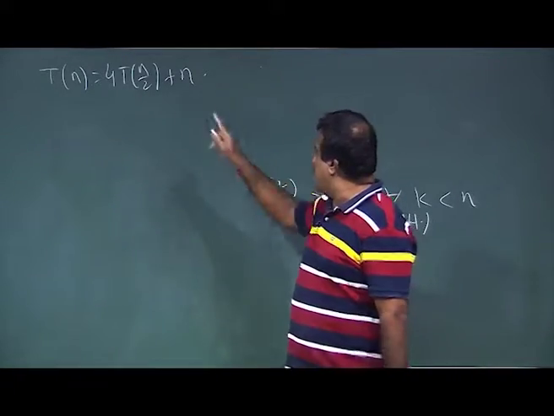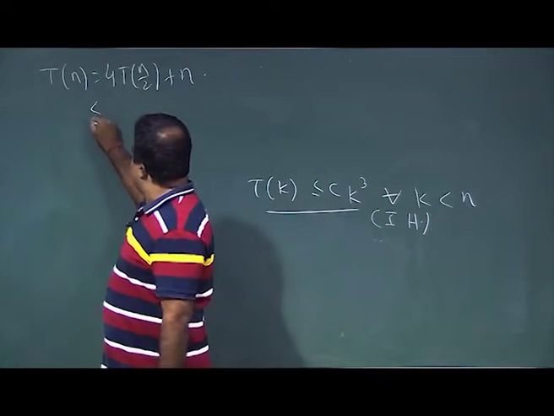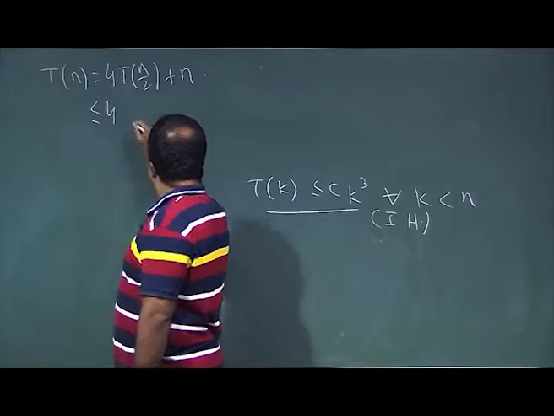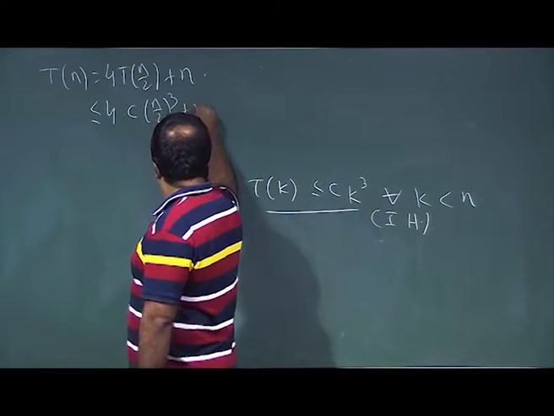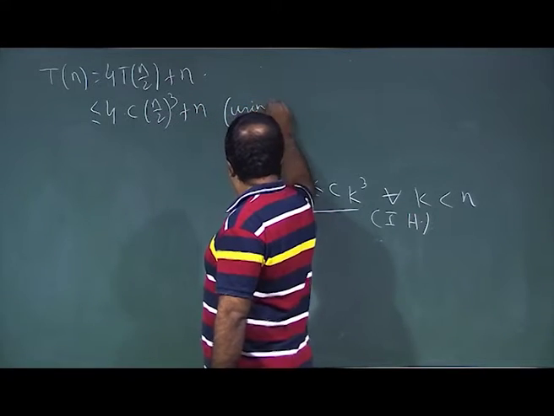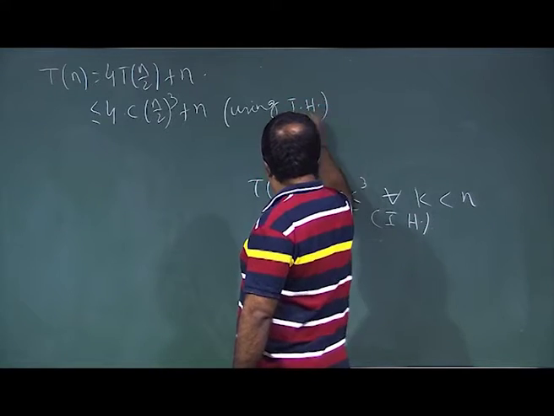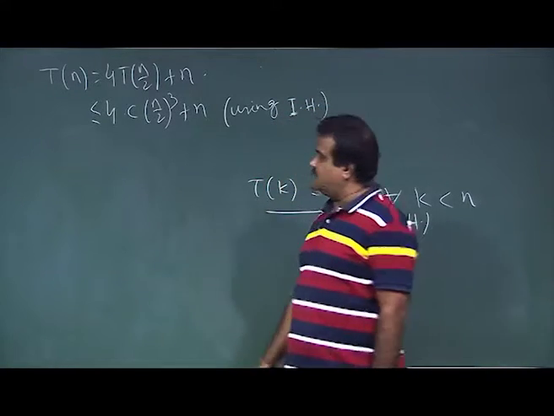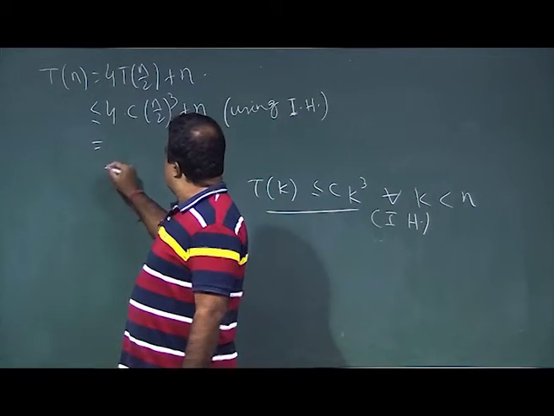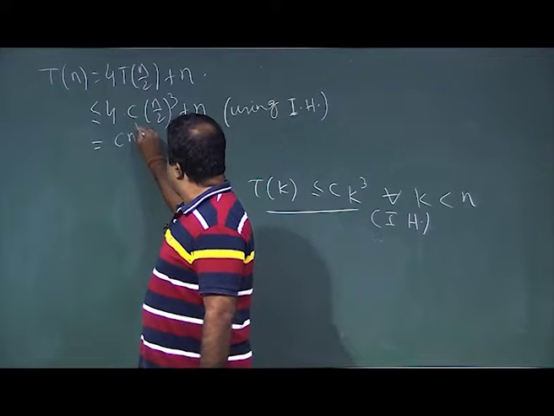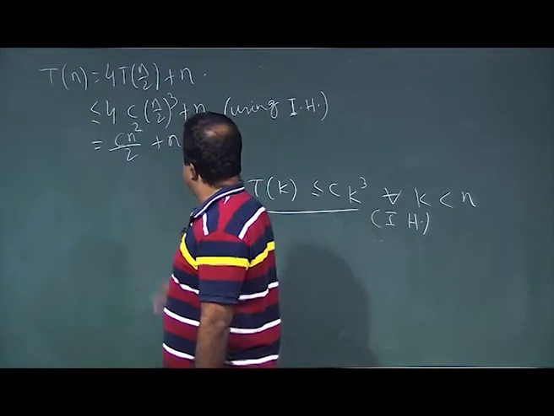So, n by 2 is our k, which is less than n, so we can use this hypothesis. So, this is less than or equal to 4 into c times (n/2) cube plus n, using the induction hypothesis. Okay. So, this is equal to c n cube by 2 plus n.